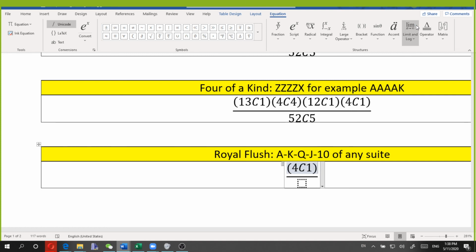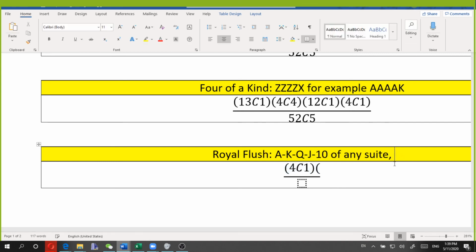4C1. Sorry, go for it. So you've got 4C1, so you're picking one of any four suits that you want.